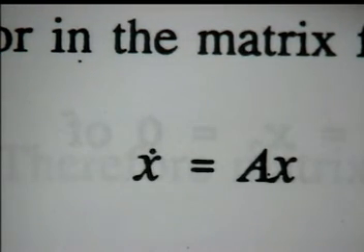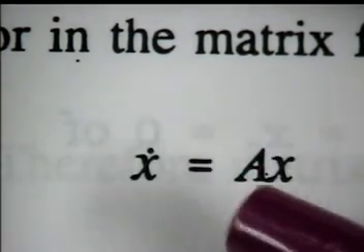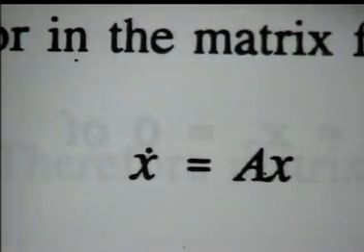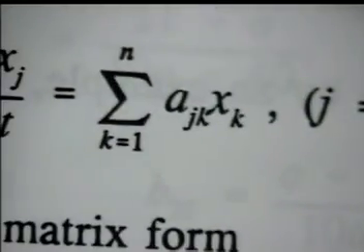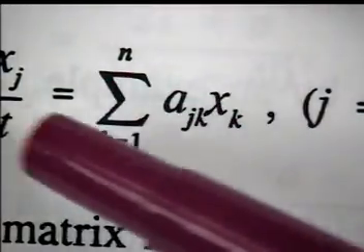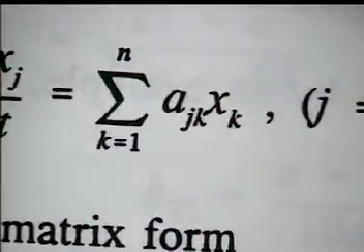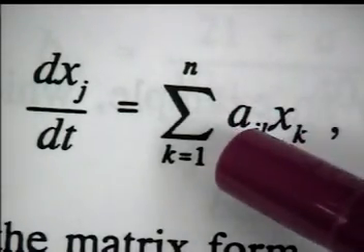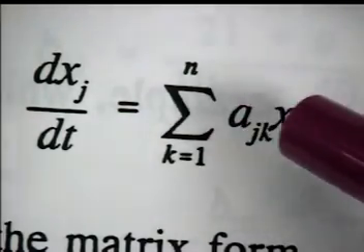The derivative of the column is actually the column of derivatives: dx1 dt, dx2 dt, etc., dxn dt. This is the matrix A, as we said, and that is x. That is how we multiply a matrix: in order to obtain the j-th row, we fix j, ajk xk.